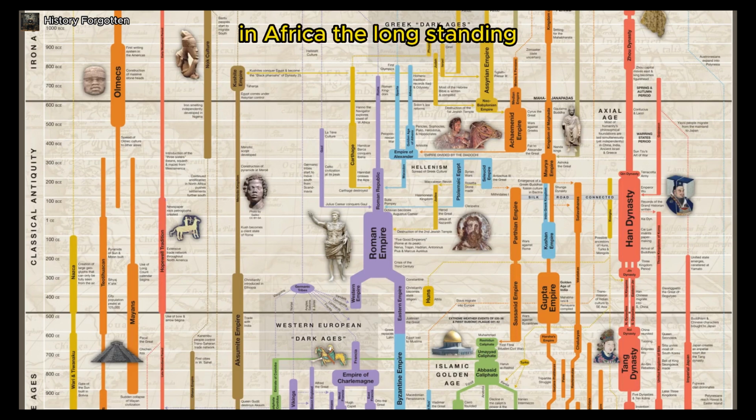In Africa, the long-standing kingdom of Kush eventually gave way to the kingdom of Aksum in Ethiopia. There were also the three mighty Persian empires, the Maurya and Gupta empires in India, and the first imperial dynasty in China. Eventually, a trade route between all these areas opened up, known as the Silk Road, and thus the western parts of Eurasia and the eastern parts of Eurasia were connected for the first time.